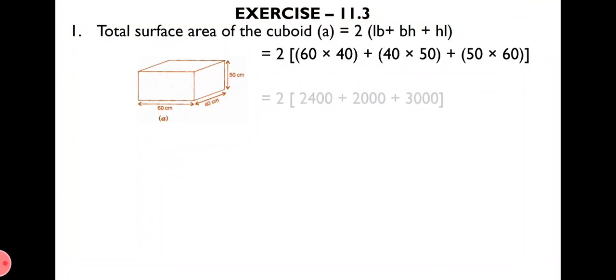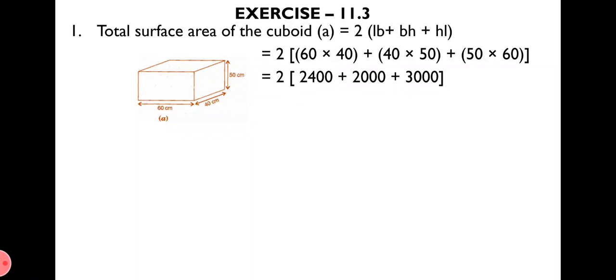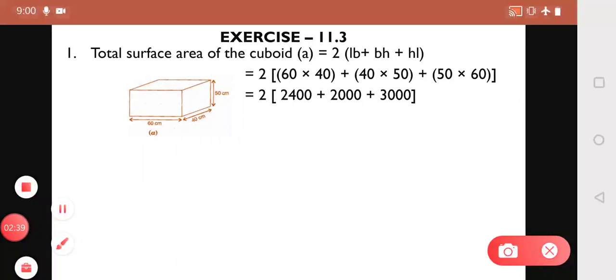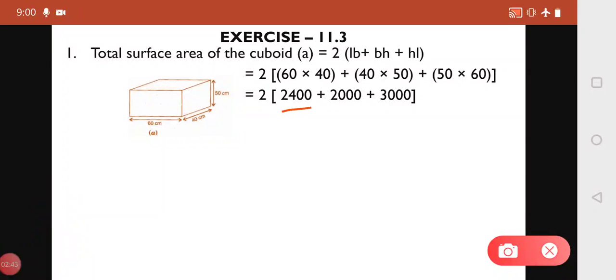Let's solve for that. That is equal to twice into 60 into 40, that is 2400. We can easily do this, 2 zeros as it is, and 6 fours are 24, so 2400. Then 40 into 50, that is 4 fives are 20 and 2 zeros back. And then 50 into 60, that is 5 sixes are 30 and 2 zeros.